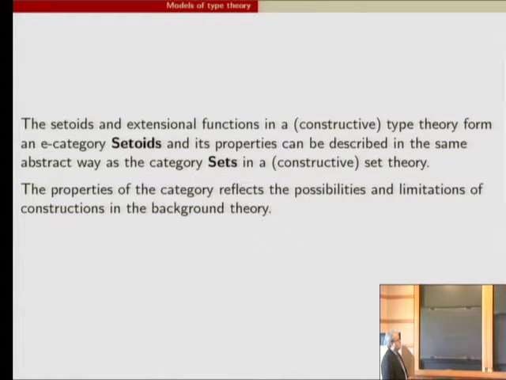I'm saying that somehow externally, if we pass to the quotient by identifying function terms which are essentially equivalent, then we get an external category. No, it will be an internal category, an E-category actually.